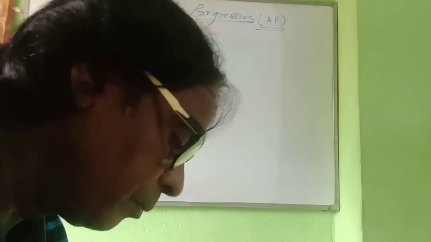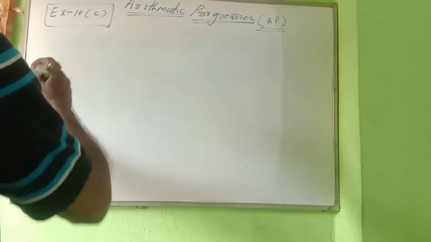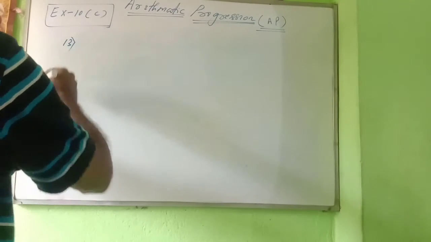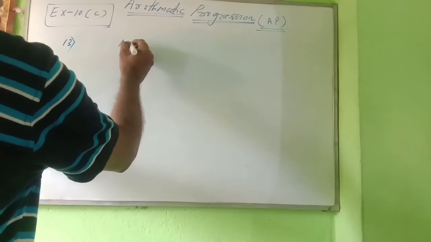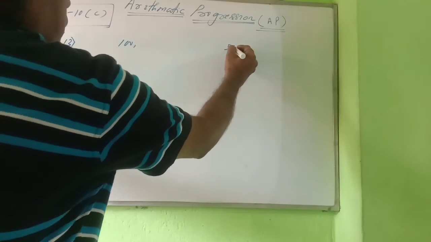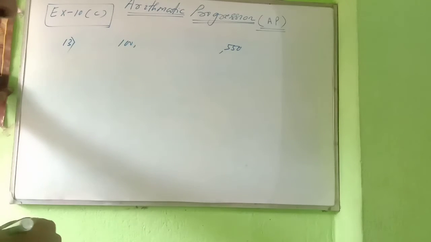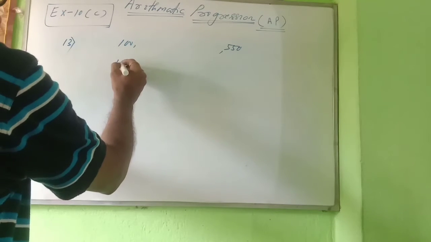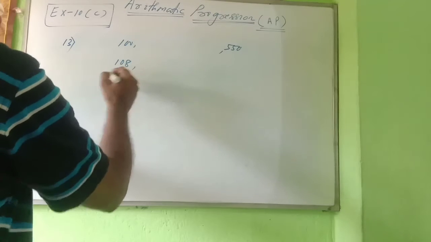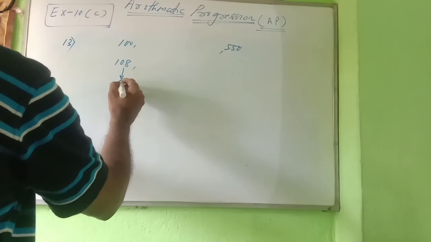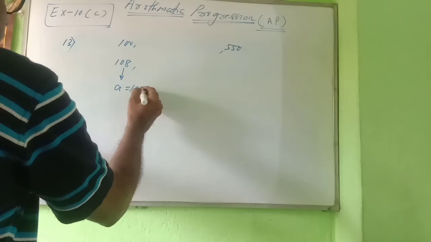Just see, question number 13. 100 to 550 which are divisible by 9. Then 100 I cannot take. More than 100 means I have to take 108. The first term will be 108. This is A, A means 108, the first term.